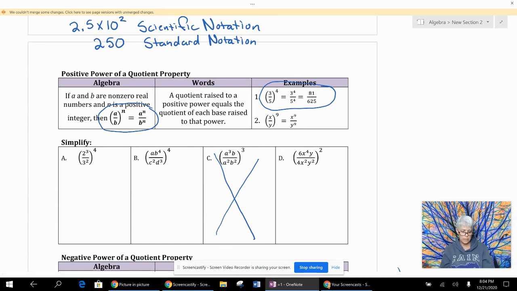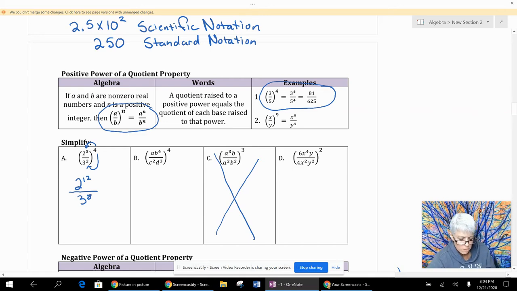So let's practice it. So I have 2 terms here. So I'm going to distribute this to the top and to the bottom, which is kind of weird for us. So remember, when it's power to the power, we multiply. So 3 times 4 is 12. 2 times 4 is 8.